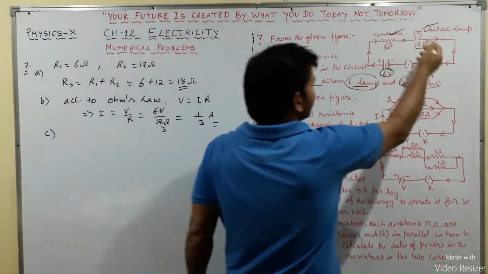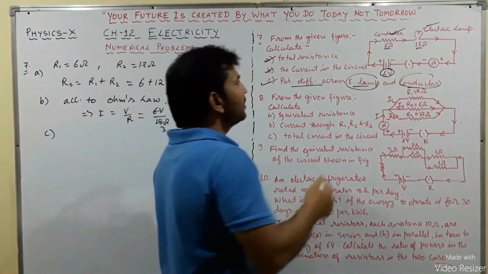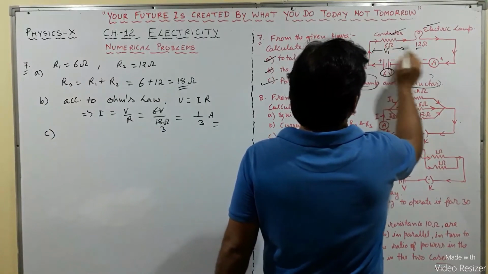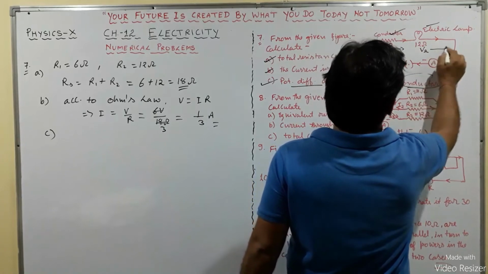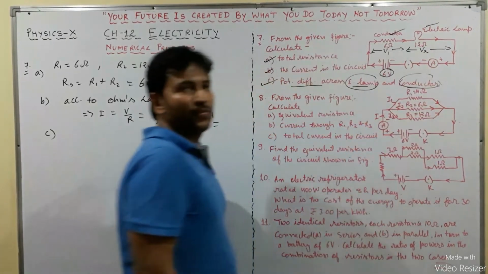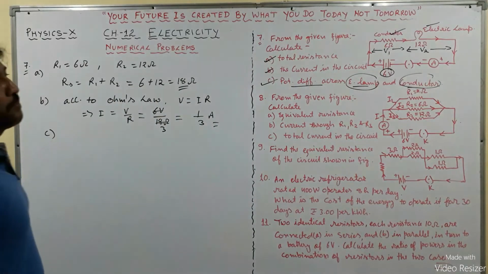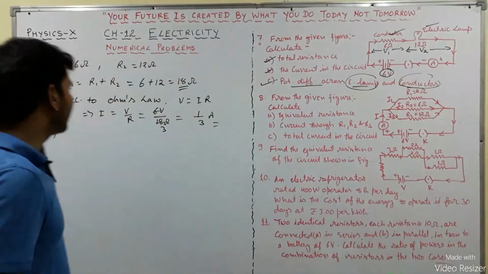Both are connected in series, so in series the potential difference across their ends will be different. That will be V1, or you can take V1 and V2 for electric lamp. So to find the potential difference, again we will apply Ohm's law on conductor and on electric lamp.